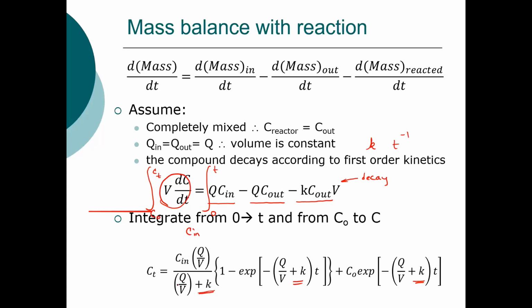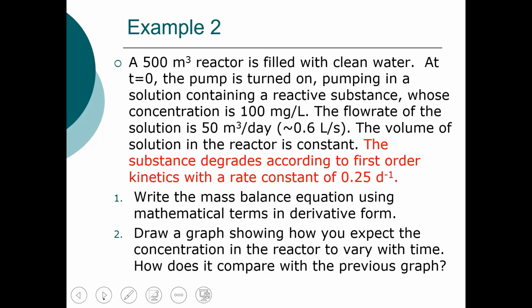So now, if we have the same problem that we had before, except now we have a substance that is degrading with a rate constant. Okay, so we start out with pure water, with clean water.